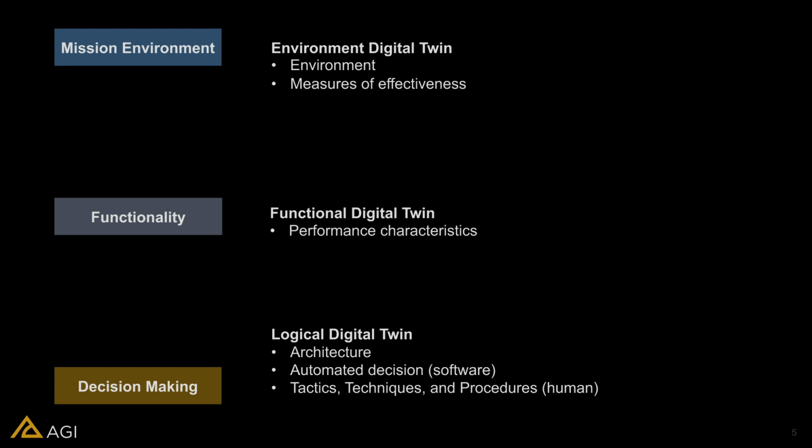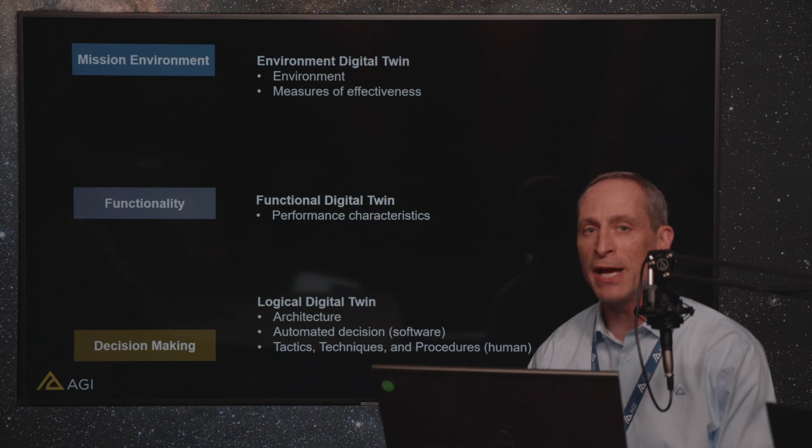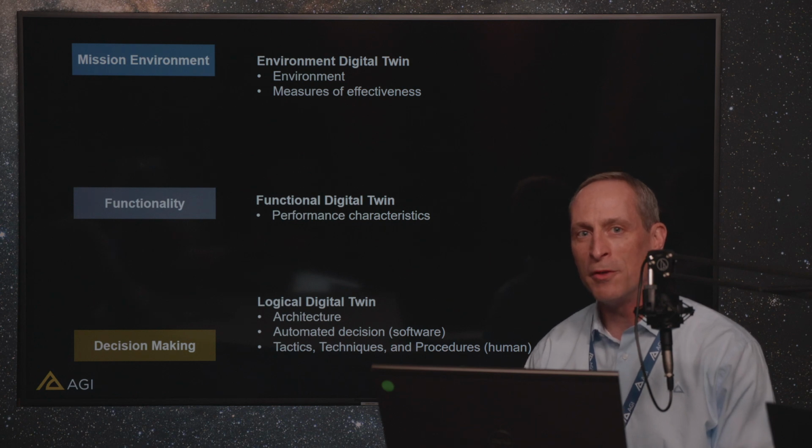We have modeling and simulation at the mission level, which produces, in the context of digital engineering, a twin that represents the mission environment, the environment that takes into account where the mission systems are executing and some method for calculating the quality of the outcome for those mission executions.